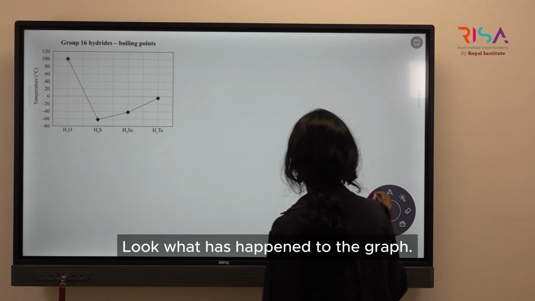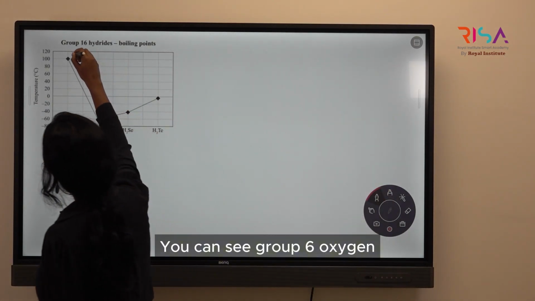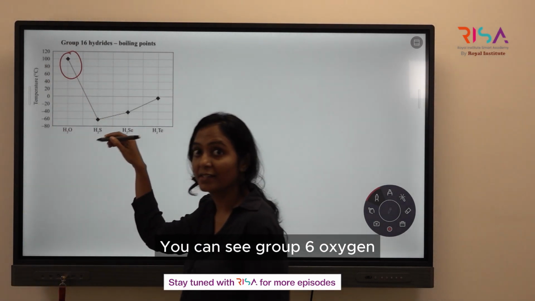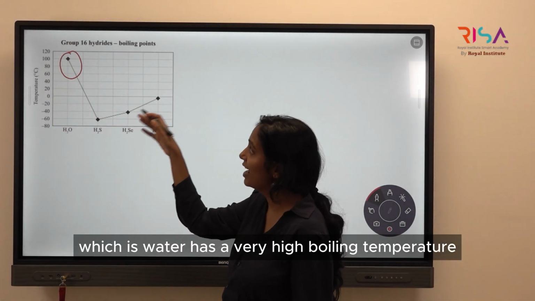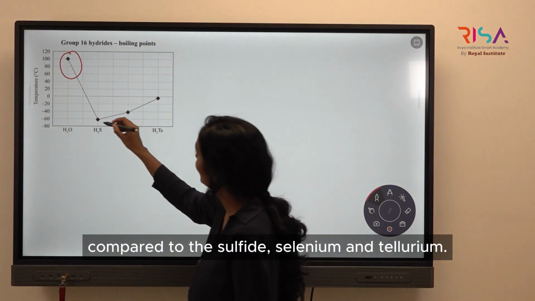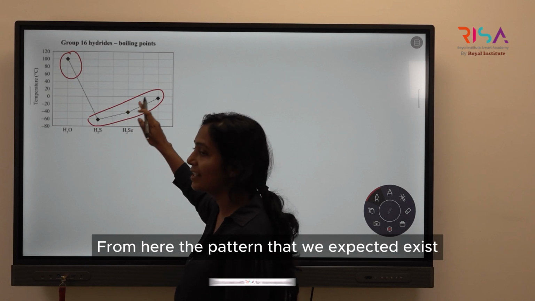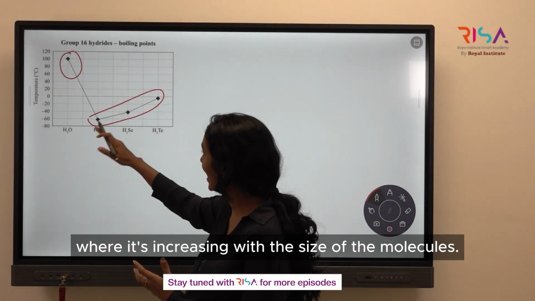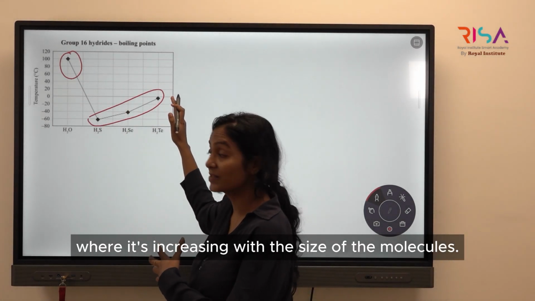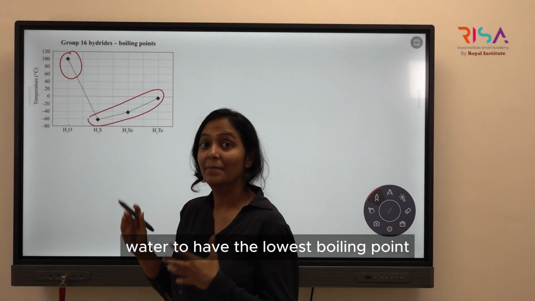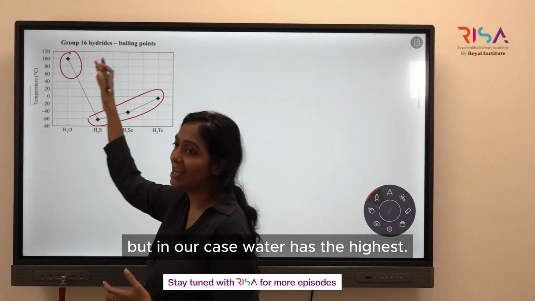Look what has happened to the graph. You can see group 6 oxygen, which is water, has a very high boiling temperature compared to the sulfide, selenium and tellurium. From here, the pattern that we expected exists, where it's increasing with the size of the molecules. So we would expect water to have the lowest boiling point, but in our case, water has the highest.